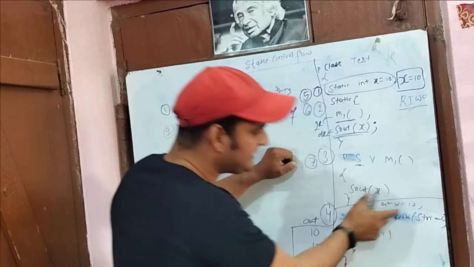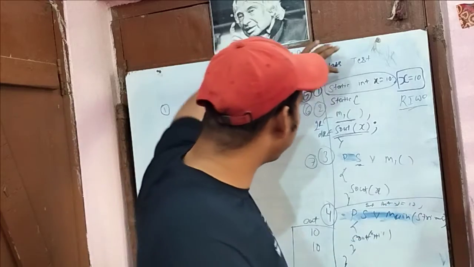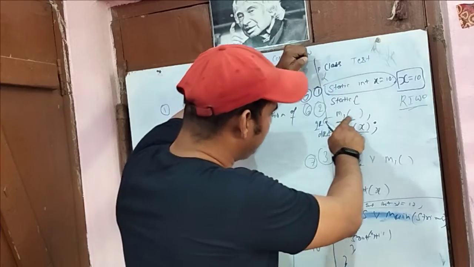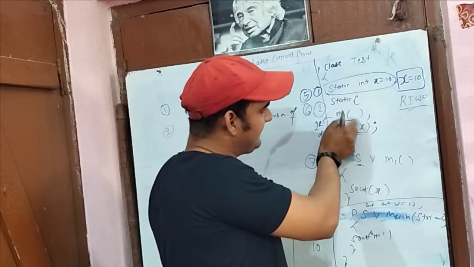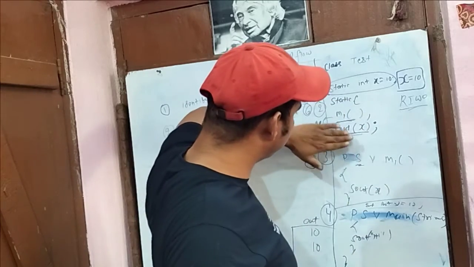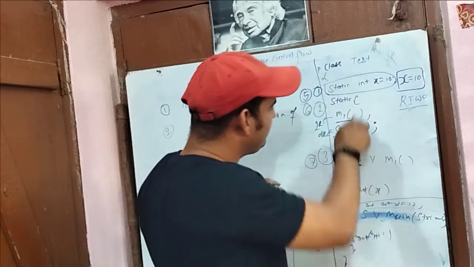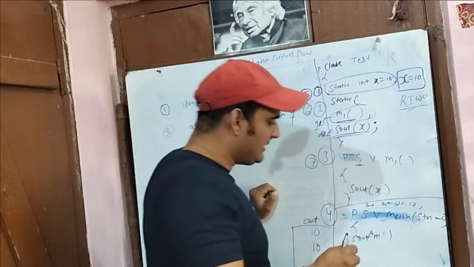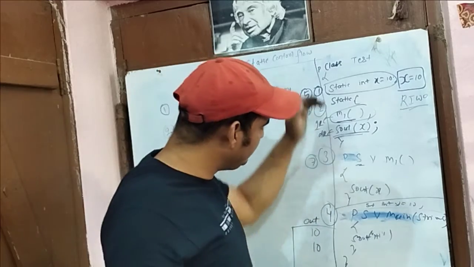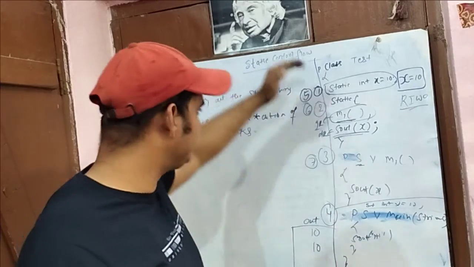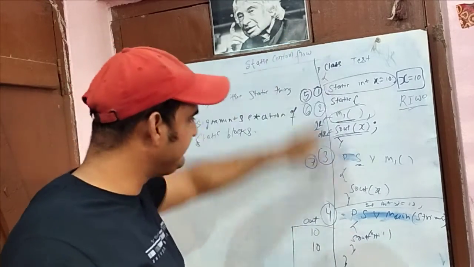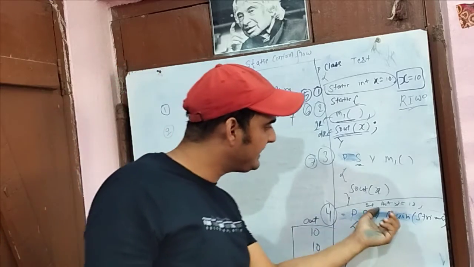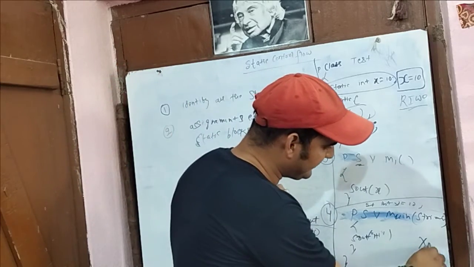If I call this variable X without this method, meaning the first statement S out of X, in that case what will happen? First of all, at the time of identification of all the variables, it will come to know that X is a variable.